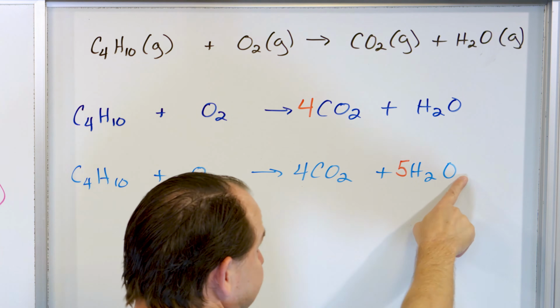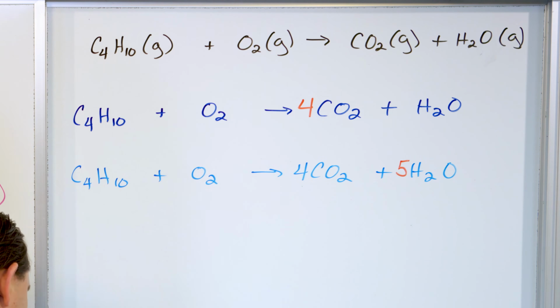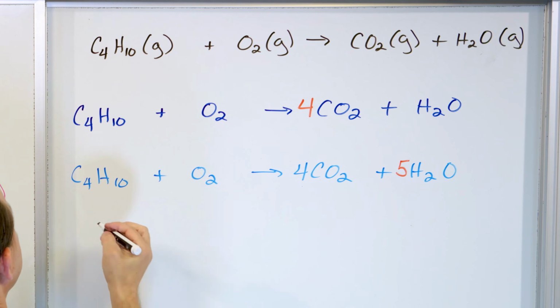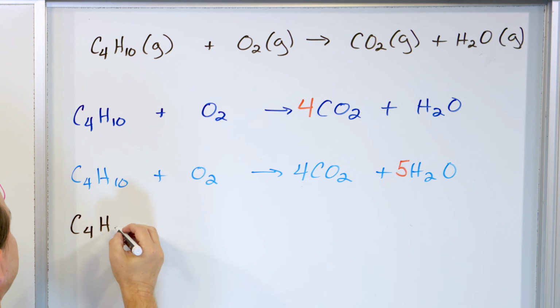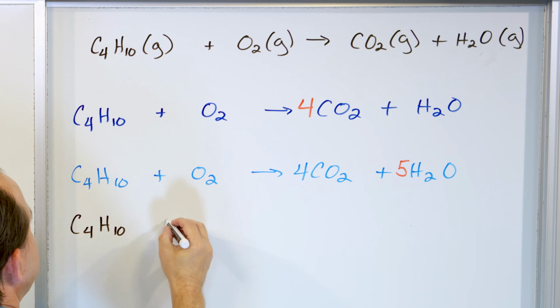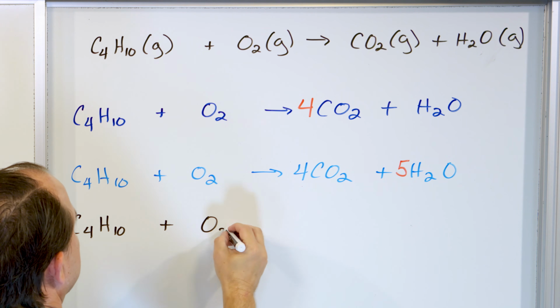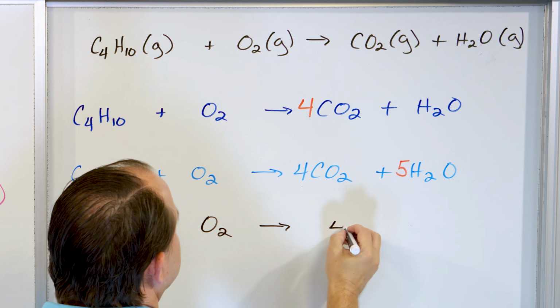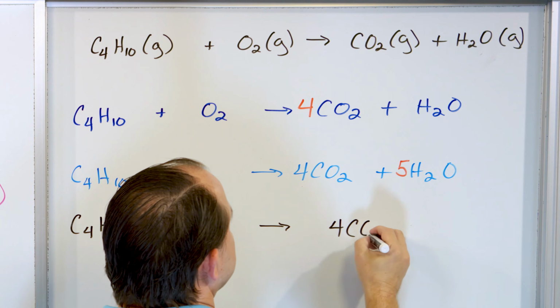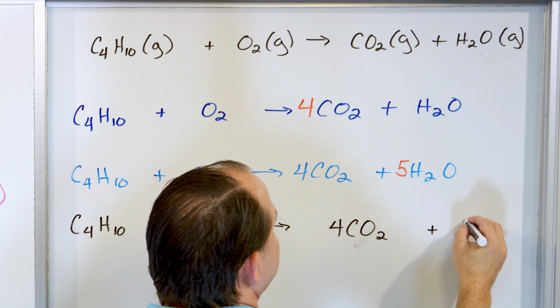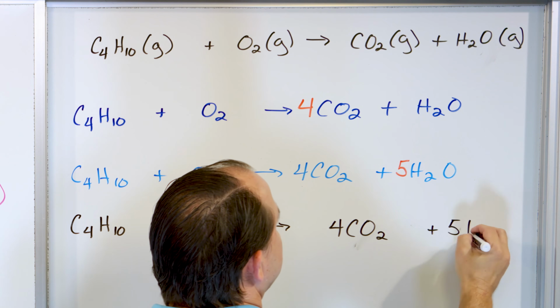So plus there's more from over here, so it's actually even more complicated. So let's just write down what we have here, and we'll change the coefficient. So C4H10, then we have O2, then we have 4 CO2, carbon dioxide, and we have 5 H2O.